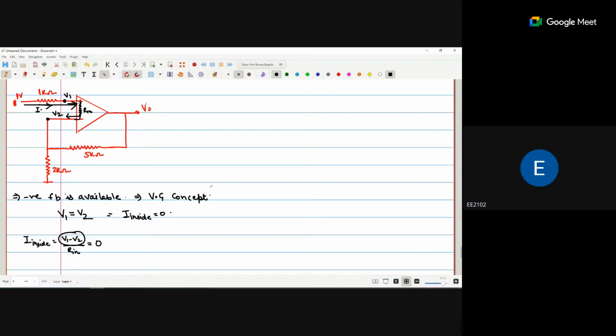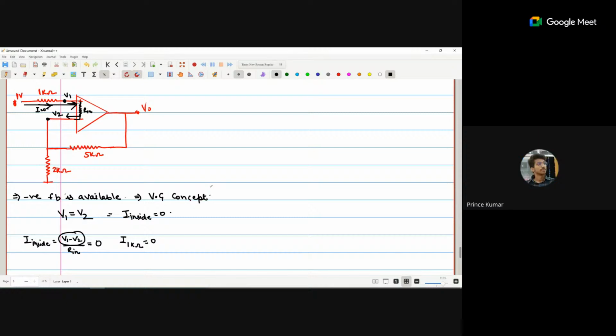So the I across the 1 kilo ohm is also 0, because there is no other path. Any doubt?